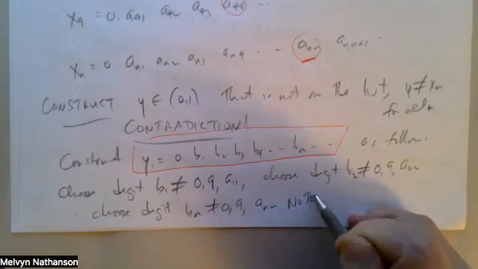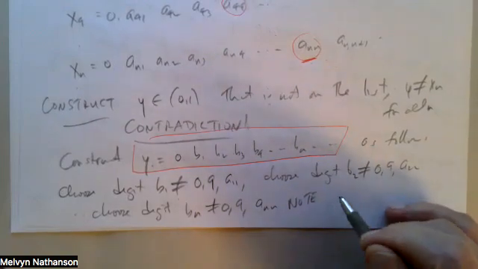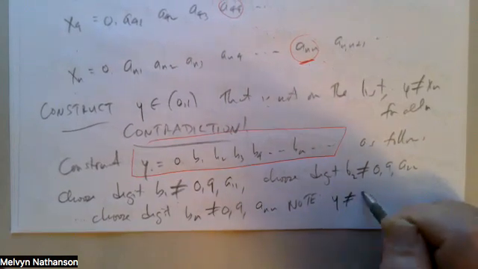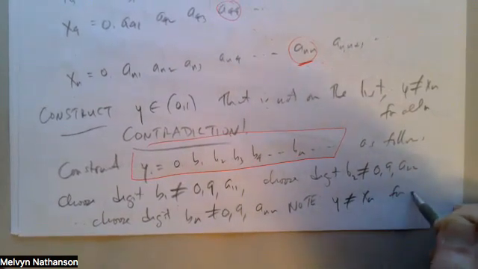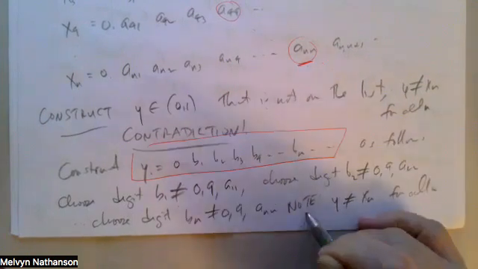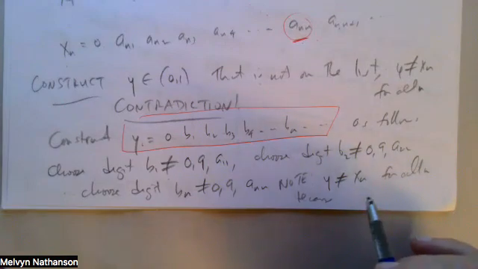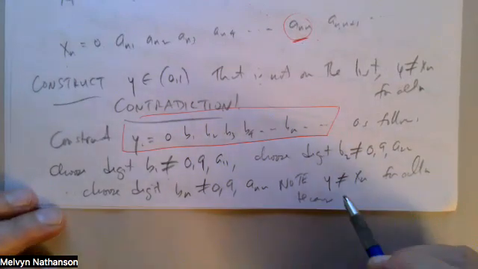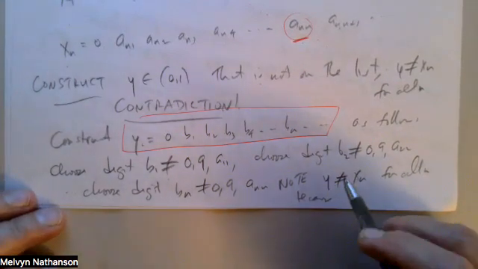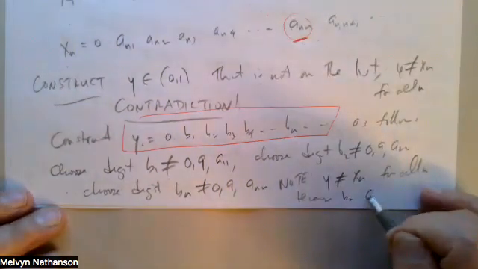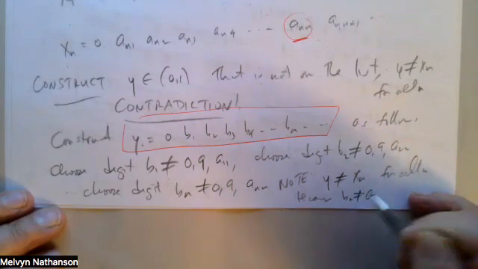here's the key thing. For all n, this number y is not equal to xn, because every number has a unique decimal representation, and the nth digit of y is b sub n, the nth digit of xn is ann, and these are different.